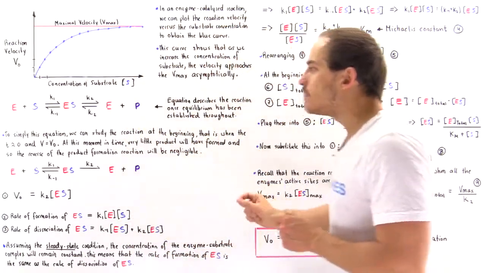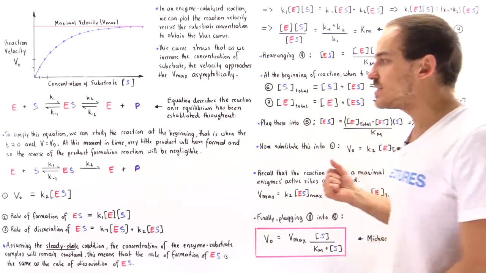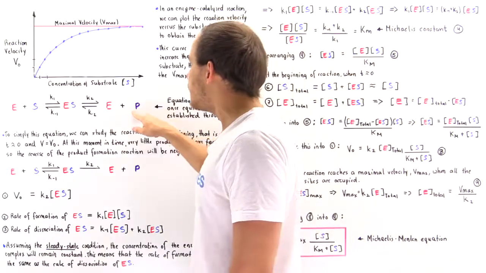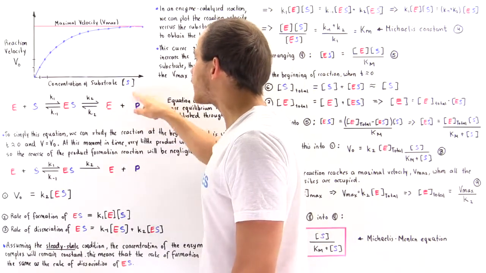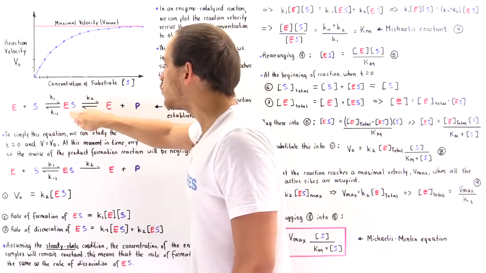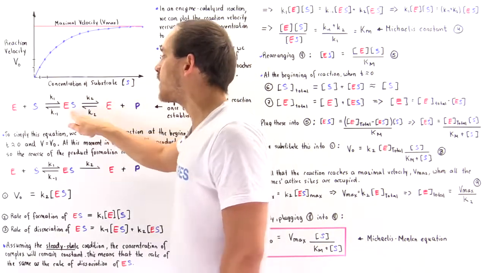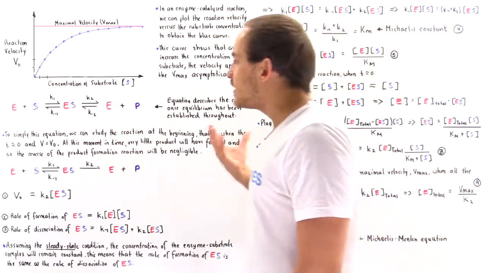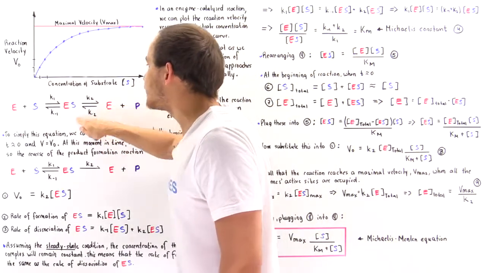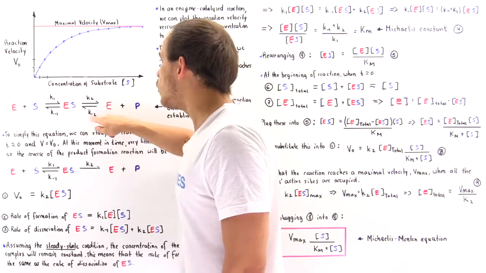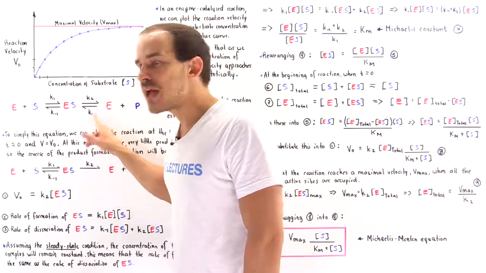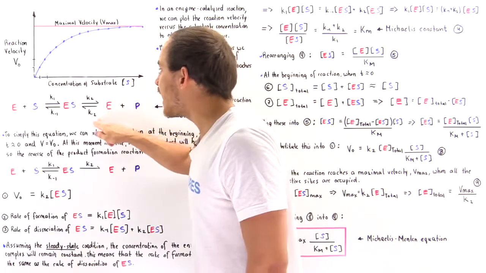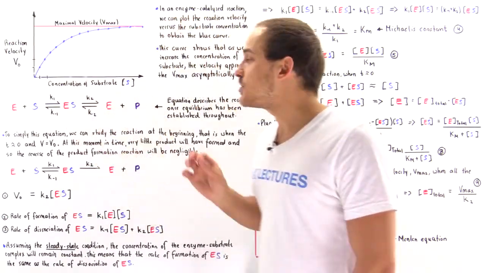So at t approximately equal to 0, because we don't have a lot of product formed, this reaction will take place at a very, very low rate. By approximating that, we can remove this entire equation and the k minus 2 term, because this reaction takes place at a negligible rate.